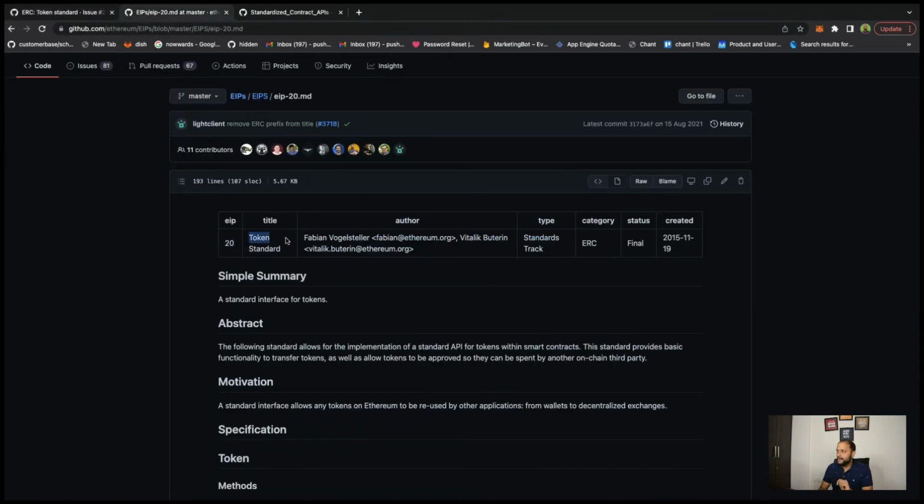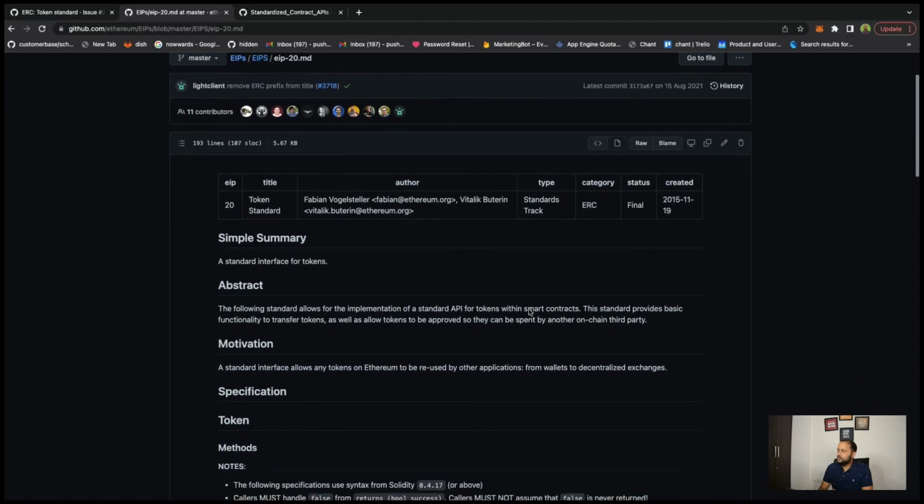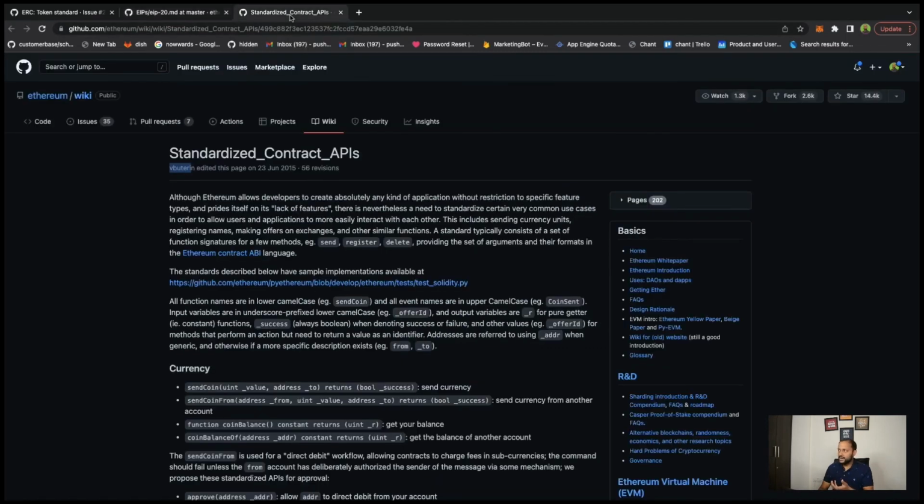The title is Token Standard and these are the authors. The authors are Fabian Vogelsteller and Vitalik Buterin, right? This was created on 19th November 2015, and the original idea of creating a standard came on 23rd June 2015, right?